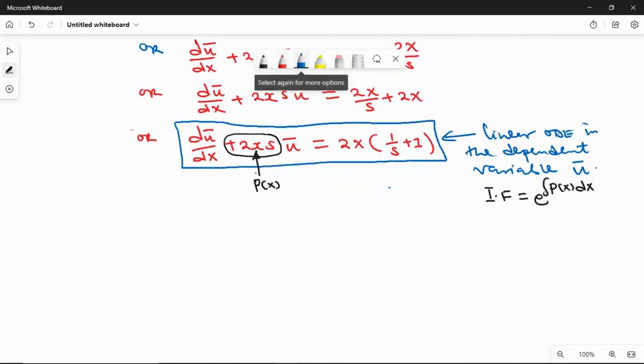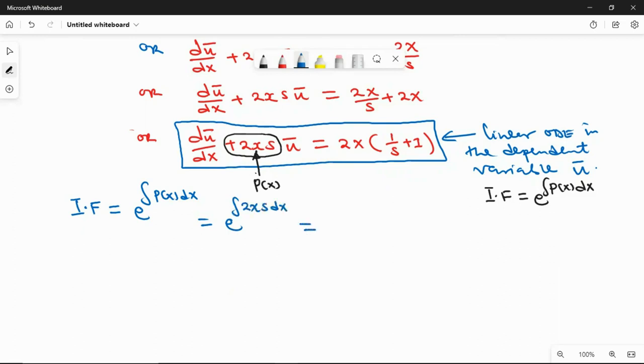So you can say if mu denotes the integrating factor, it is the exponential of the integral of p of x dx, which is equal to the exponential of the integral of 2x s dx, which will give you exponential of 2 times x squared over 2 times s.